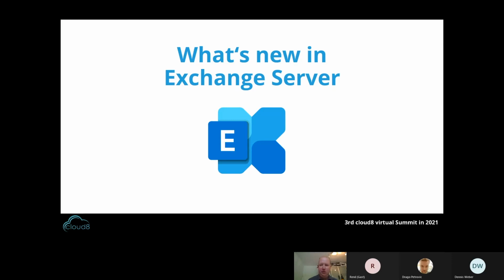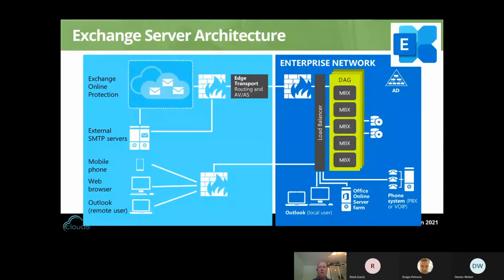So that's Exchange Server. So remember the Exchange server architecture, and here you see the server architecture that was introduced in Exchange 2013. Basically, on the right-hand side, you see the Exchange server that runs the DAG. If you have more Exchange servers, they are combined to a DAG. You have the Outlook clients on the bottom.